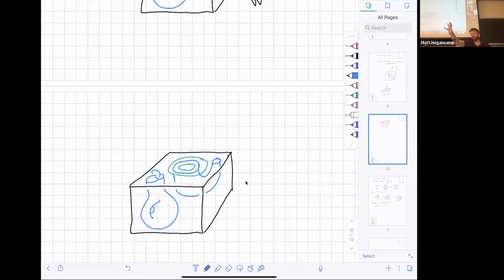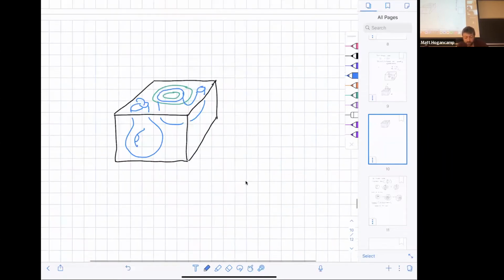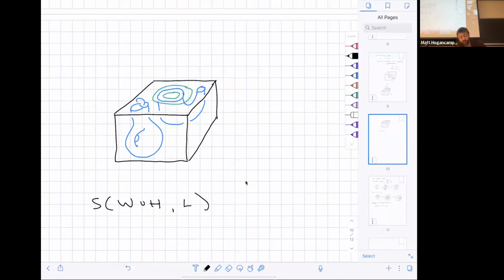I'm not going to say this very well, I apologize. So the statement is the skein lasagna module of W union a two-handle, relative to the original link, should be thought of as a quotient.